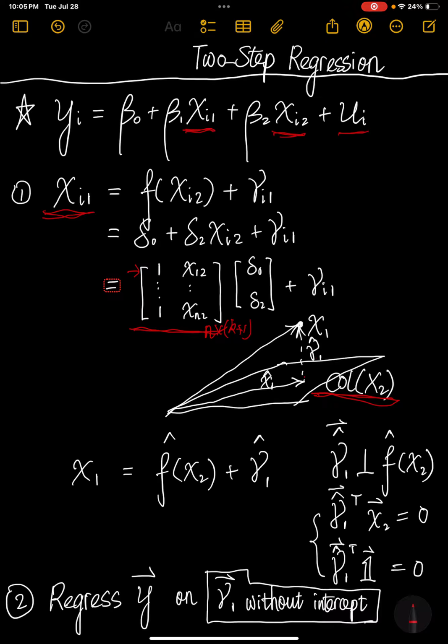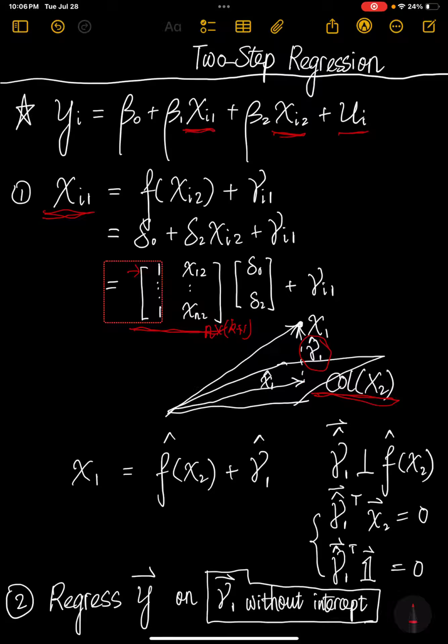Therefore, the projection vector you find in the column space has the minimum distance to the data vector you are trying to model, so the residual vector has the shortest distance between the projection vector and the data vector.